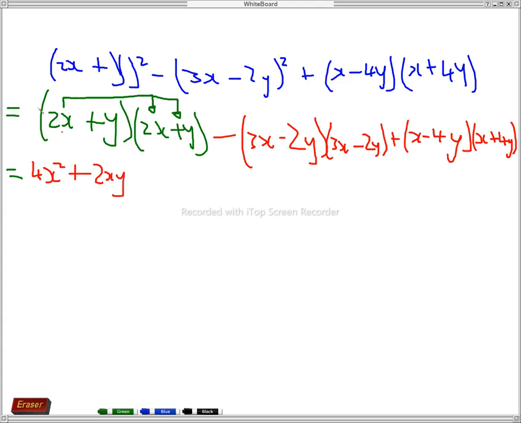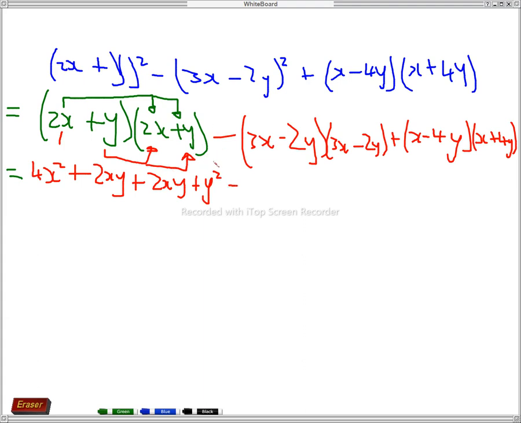Now we go for this one, y multiplied by 2x as well as y multiplied by y. So our answer here is going to be positive 2xy plus y squared. Therefore, we are done with the first bracket.